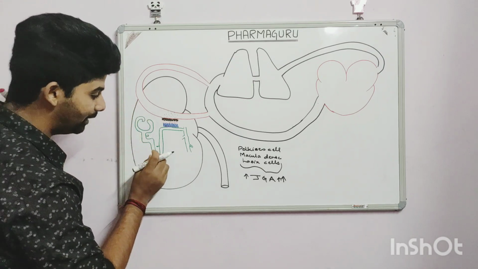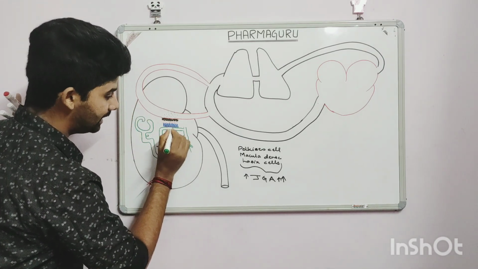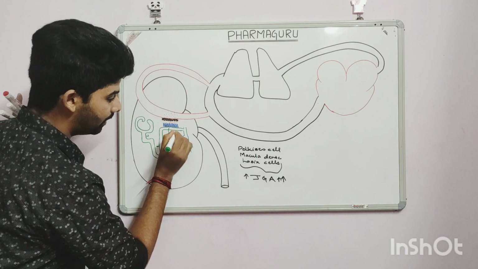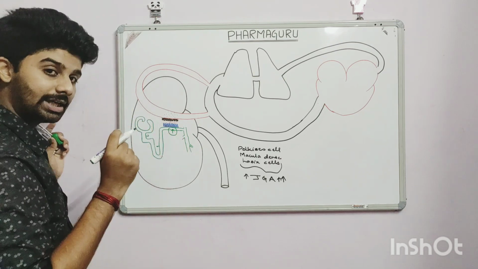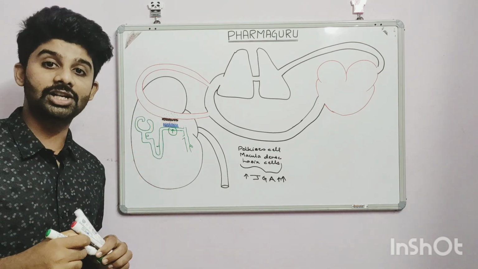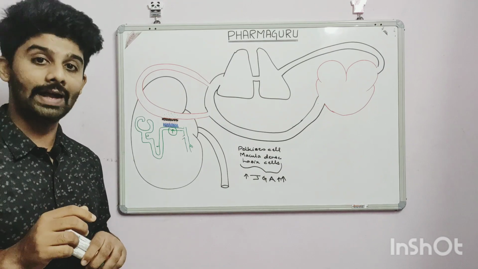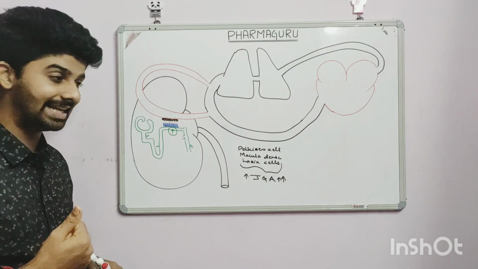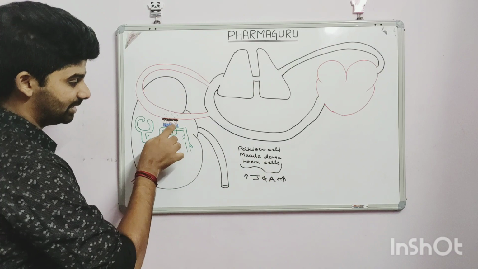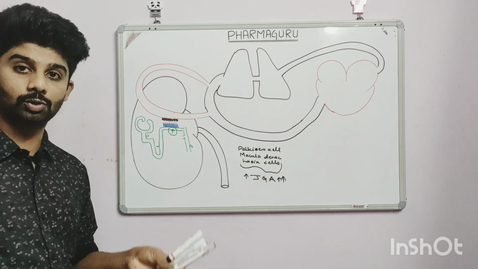And as soon as the filtrate reaches near the Lasix cells, what happens? The sodium concentration of the filtrate is much lower than normal. And who will detect this? Obviously the Lasix cells will detect this, the blue ones that are closer to the nephrons.